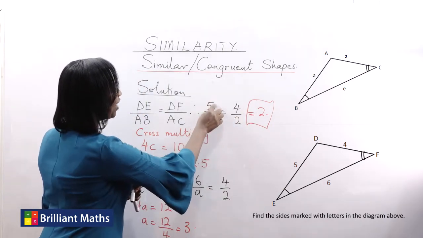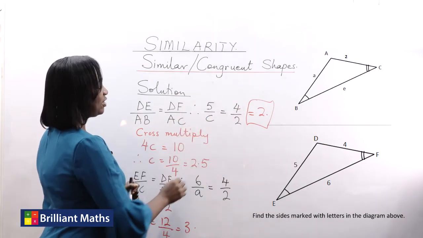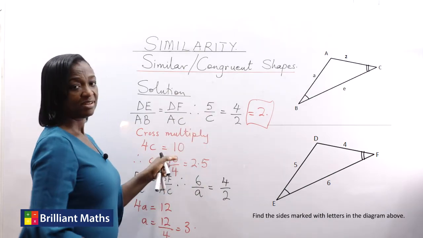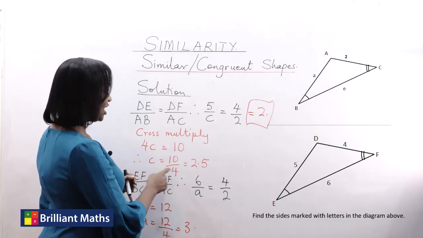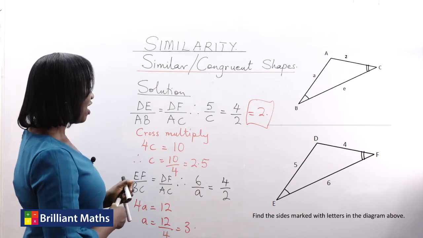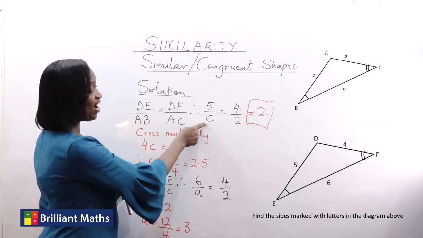So having 5 over c is equal to 4 over 2, we cross multiply, so that we have that 4c is equal to 10. And if 4c is equal to 10, that means c is equal to 10 over 4, which is equal to 2.5. So that means that length AB is equal to 2.5.